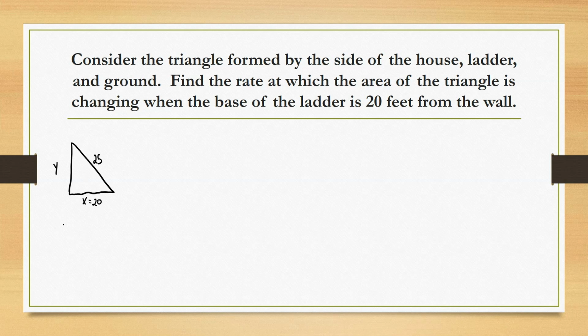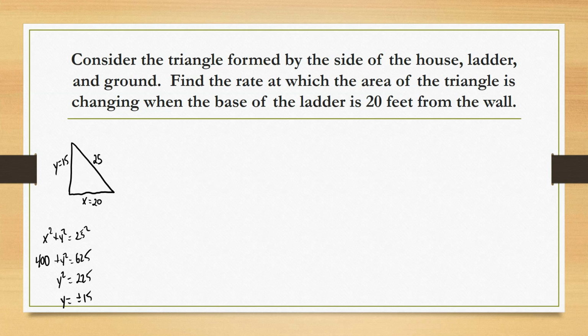So we can figure this out. x squared plus y squared equals 25 squared, but 20 squared is 400 plus y squared equals 625. y squared equals 225. We already know this because we've already done it. Plus or minus 15, so y equals 15.